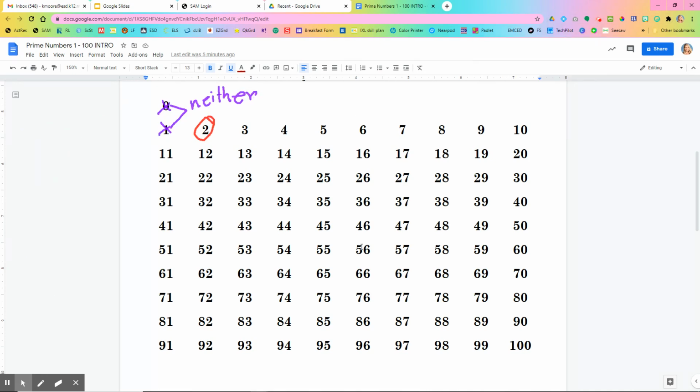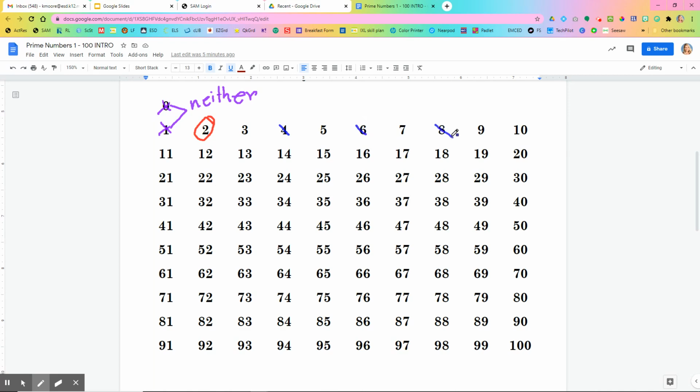All of my even numbers, because all multiples of 2 are even, all of my even numbers except for 2 are all composite numbers because the number 2 will evenly divide them. So let's go through here and let's mark out all of my even numbers. Now, instead of putting an X, I'm just going to do one line so it does not take me as long.